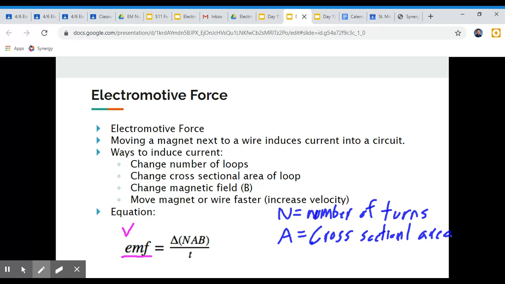Now those loops could be a square, it could be a circle, and just keep that in mind as you're going through. I believe your worksheet that I will have for you tomorrow ends up using circles a lot. And then we have B, which is your magnetic field.